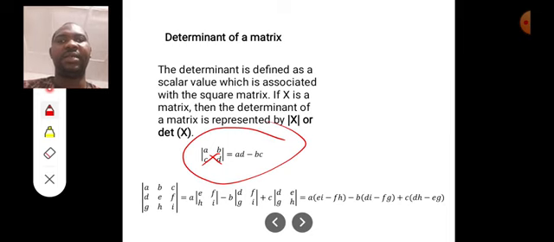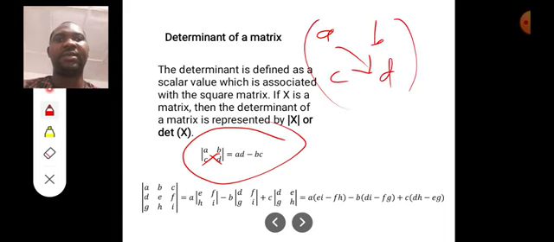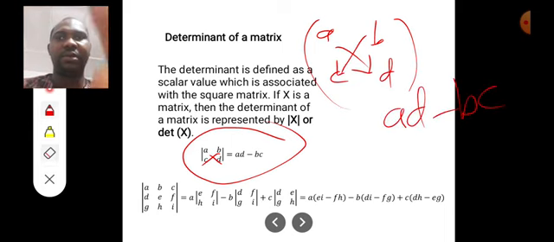That means AD minus BC. That's for a 2 by 2 matrix.